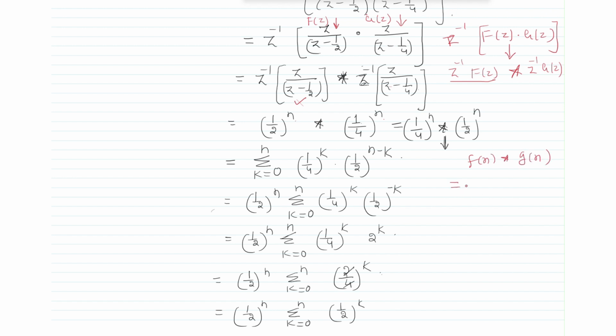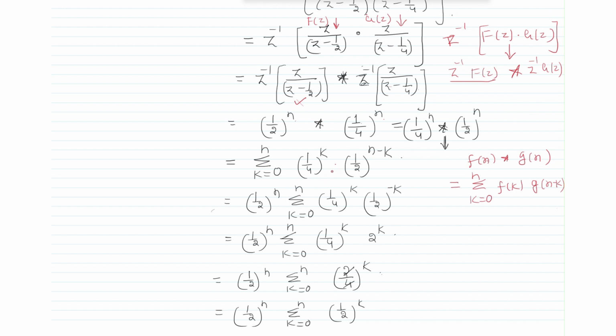This we can write as summation of f of k, where k varies from 0 to n, then this n is replaced by n minus k. So the same formula now I will apply to remove this star. 1 by 4 to the power k now, because n is replaced by k, and in the next, n is replaced by n minus k, and just put dot here, means simple product.